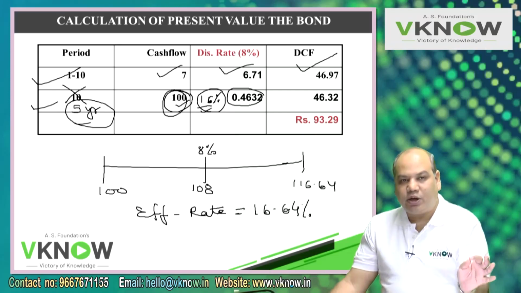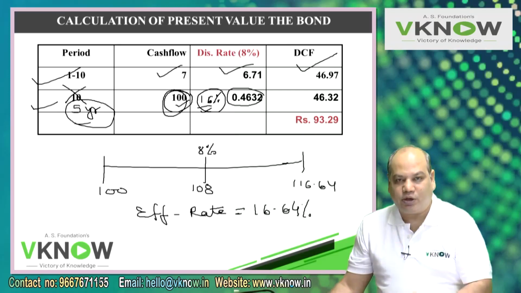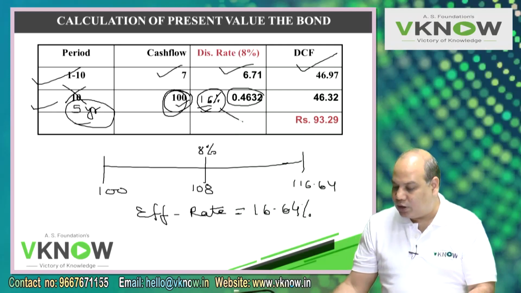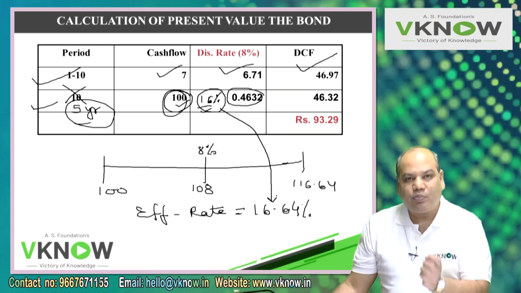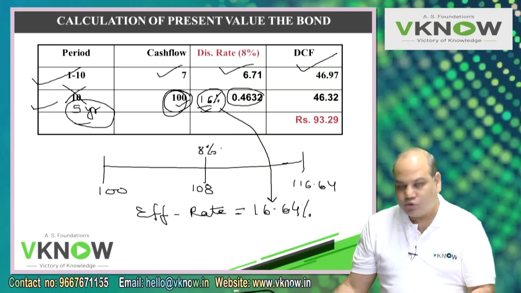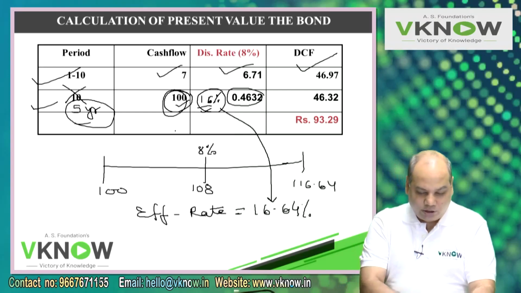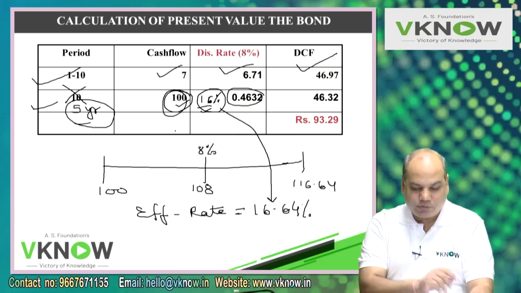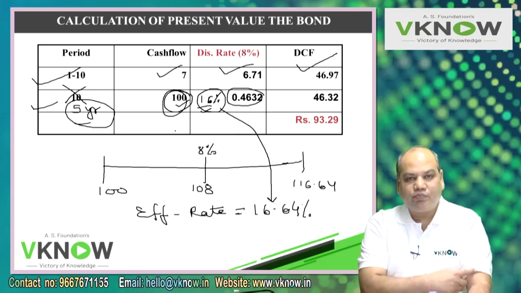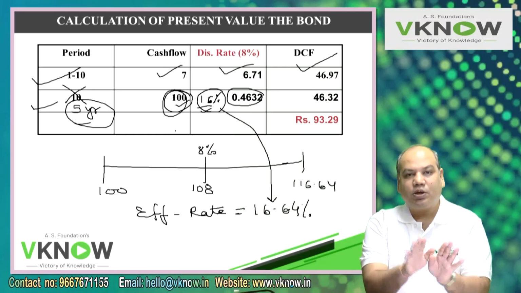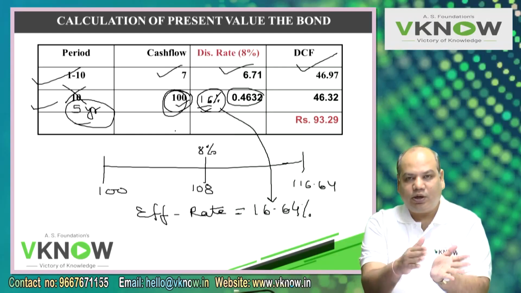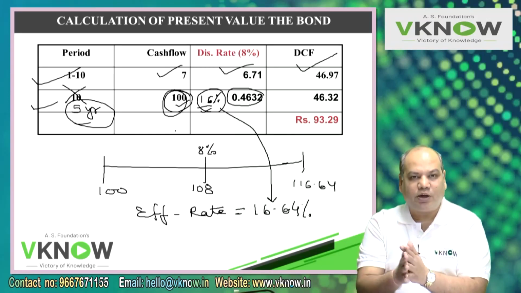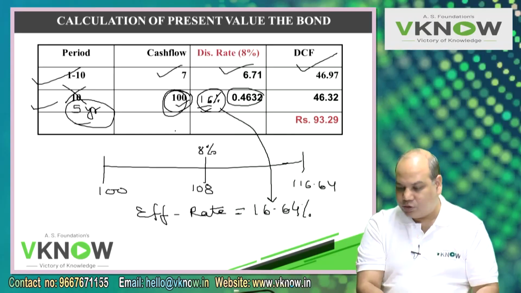So if you want to follow 5 year 100 rupees, then do not use 16%. 16% is per annum semi-annual compounding, but its equivalent effective rate will be 16.64%. So you can try on your calculator. Take 100, divide by 1.1664, not 16%, because 16% is per annum compounded semi-annually, but its effective rate per annum is 16.64%.